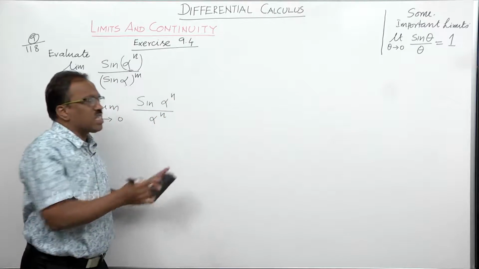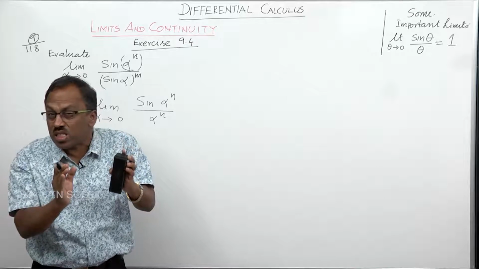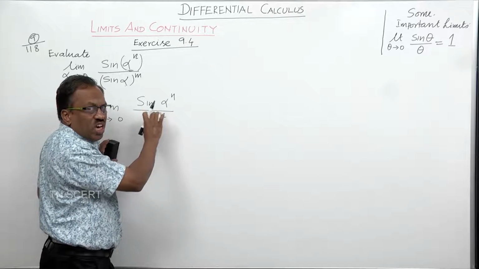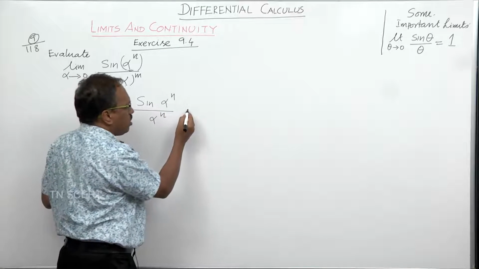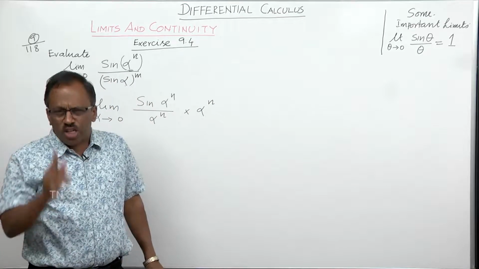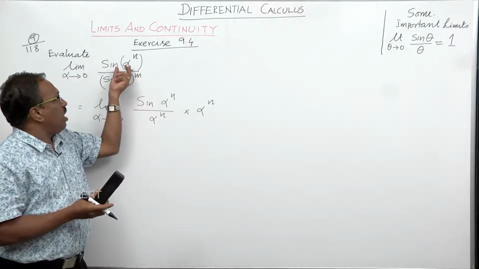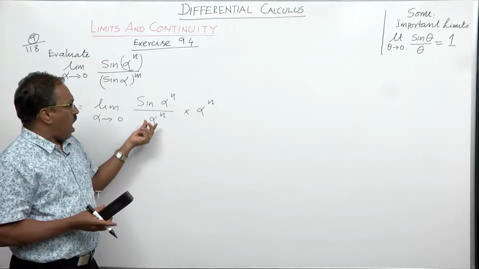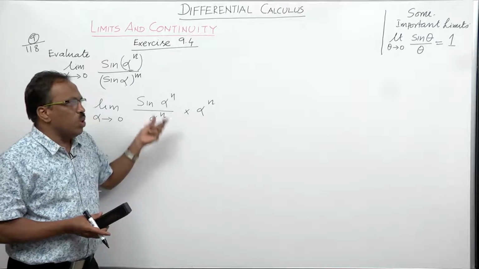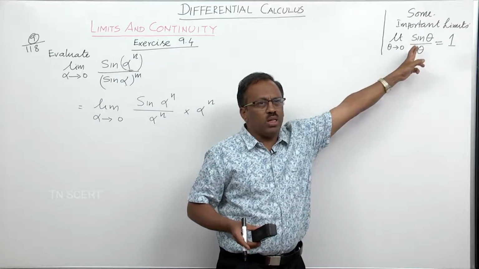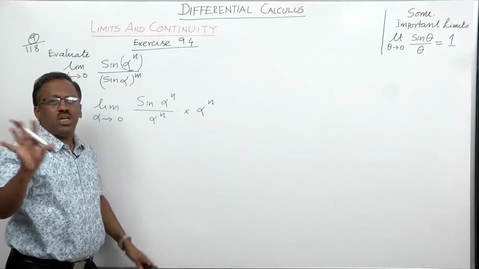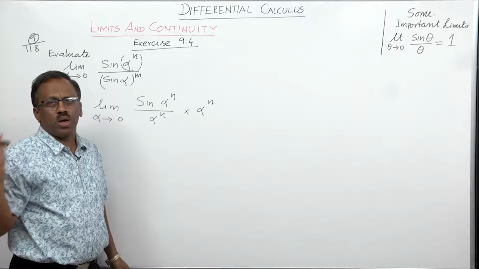This alpha power n is considered to be theta, remember. So, if I do any modification here, I just do the same thing in the numerator too. In the first part of the numerator, sin of alpha power n, I have multiplied and divided by the same term in order to get the formula of sin theta by theta.